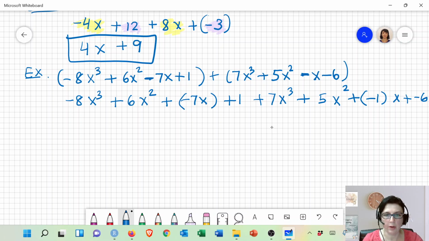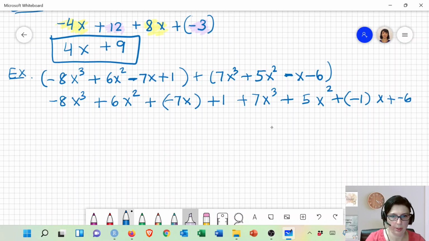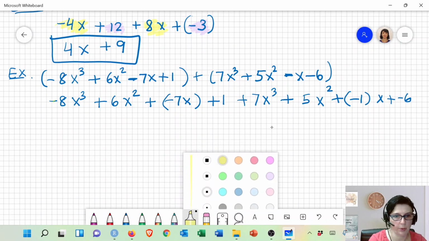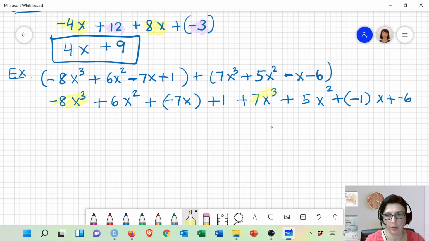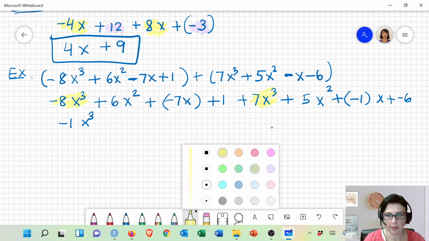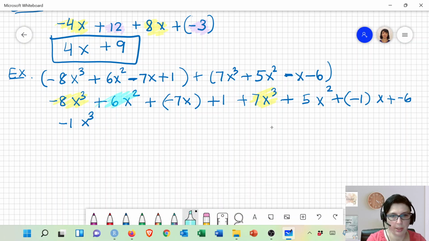Okay, so now I'm trying to combine like terms. Okay, let's start with the first ones. We have the cubes with the cubes. So minus 8 plus 7 on a calculator is minus 1. So we get minus 1x cubed. Okay, that sounds like a plan. Now we have plus 6x squared and plus 5x squared.